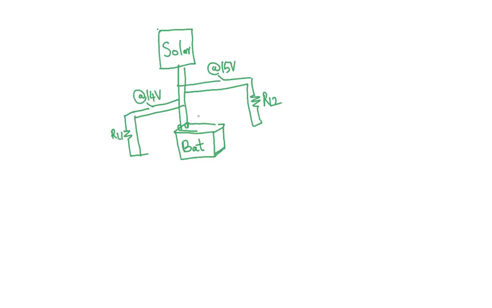So in order to protect your battery, you put a couple of external loads. You want this load to turn on when your battery has reached 14 volts, and you want this load to turn on when your battery has reached 15 volts.